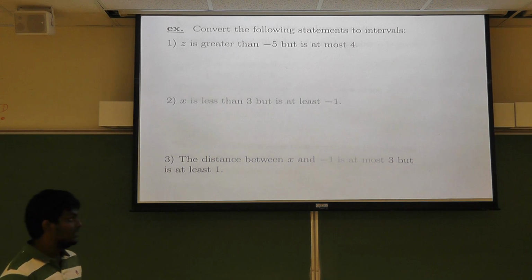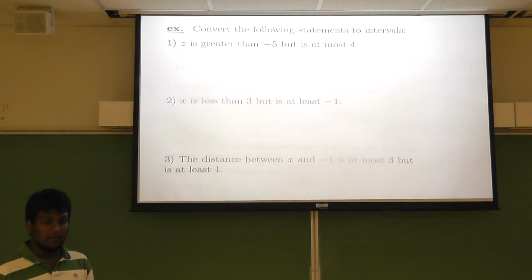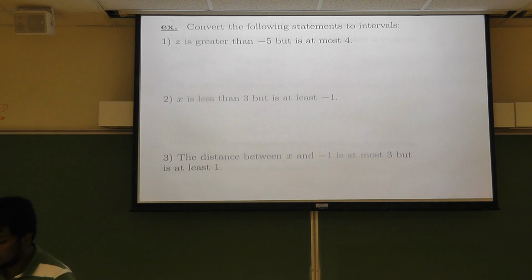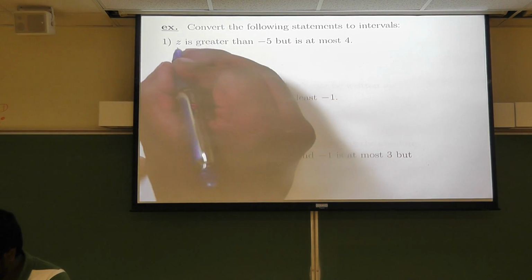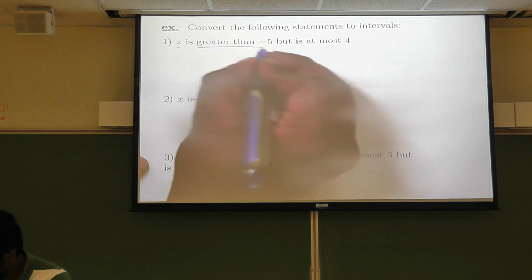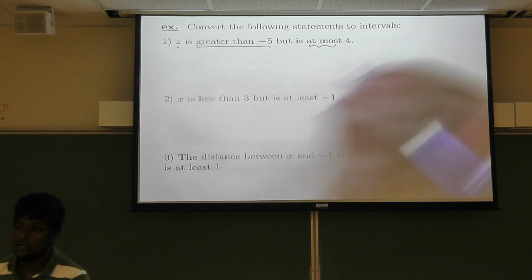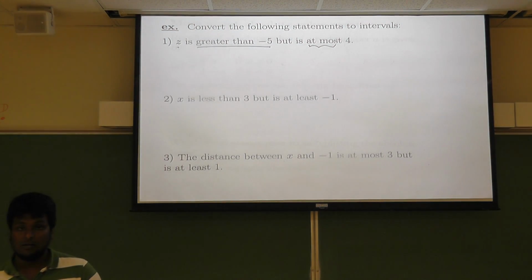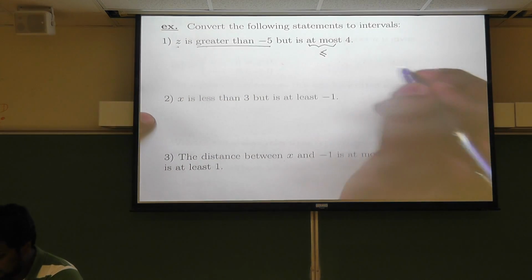Also, you have learned how to express statements in terms of inequalities. Let's see how that is done in these examples. z is greater than -5 and at most 4 means it can be 4 or smaller, so it should always be less than or equal.